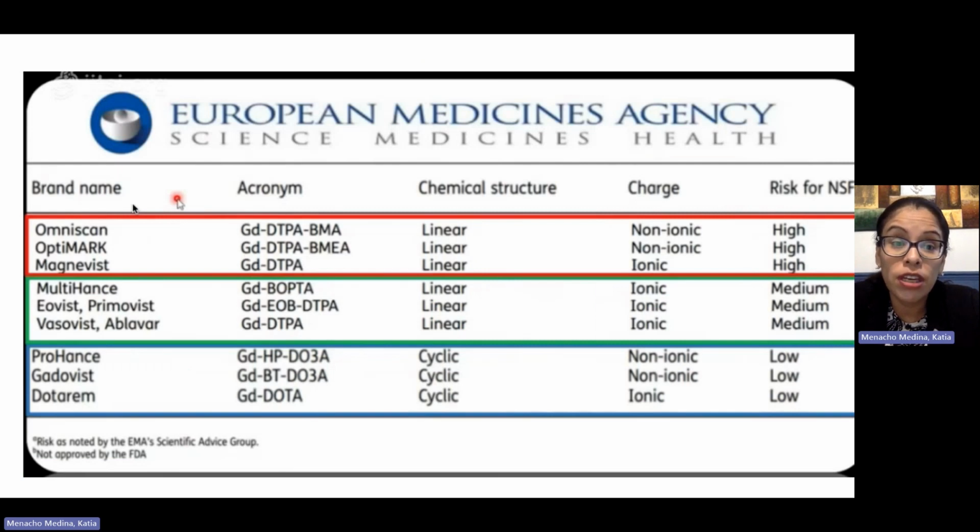Here you have the classification of the contrast agents, and you've probably had a previous talk about that. They are based on the chemical structure and the charge of each of the gadolinium components that are attached to the chelator, which are fixed and can prevent any major complication. As I mentioned before, we are moving to those with a more stable structure, which are more cyclic, and the safer ones are the ionic compared with the non-ionic, like Clariscan or Dotarem.